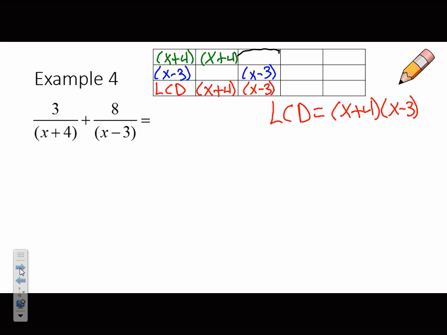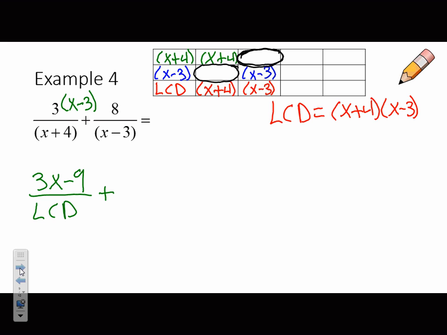On the first one, I'm missing my x minus 3. So my first fraction, I have to multiply this by x minus 3. When I distribute that through, I'm going to get 3x minus 9 all over my least common denominator, plus, now we look at our second one.